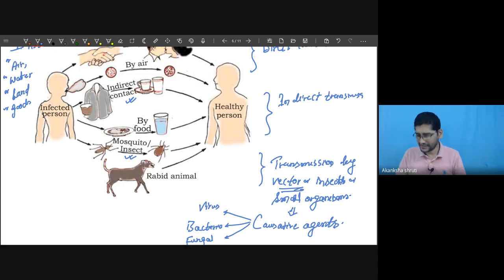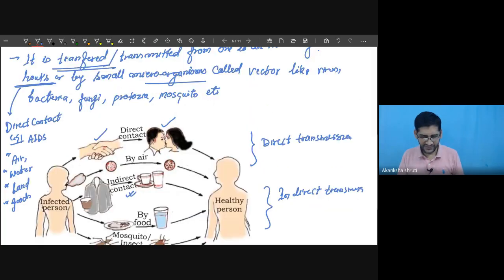Right? So this causative agent based classification can be further divided into three categories. These things we will also learn. Now let us go for the non-communicable, then we will come back to this based on the agent.